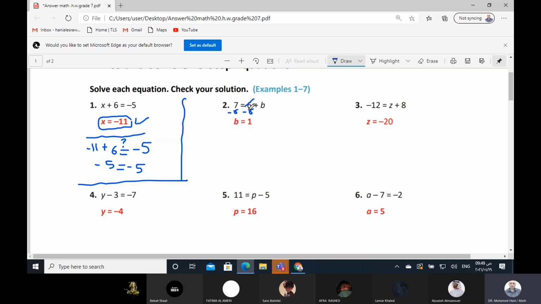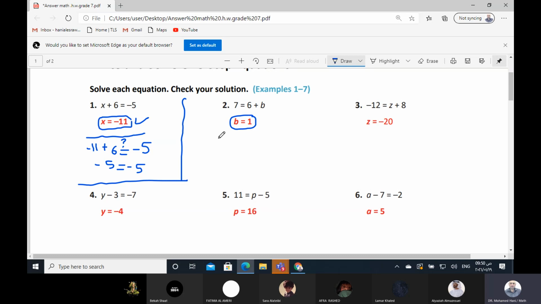Now plus 6 and minus 6, 0. Remains here b. 7 minus 6 will be 1. So the value of the variable will be 1. The solution will be 1. How to check if our work is true or not? Go back to the same equation, then substitute.